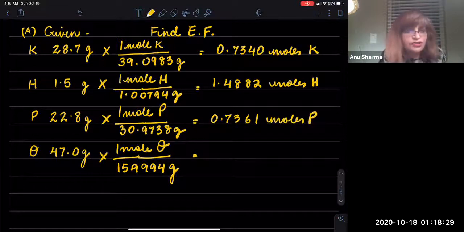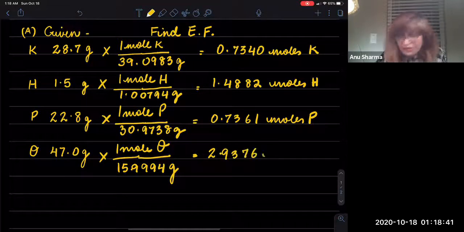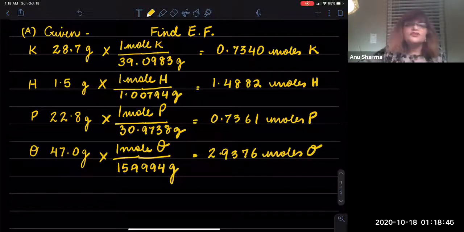Next is for the oxygen. Similarly, 47.0 times 1 divided by 15.9994 grams, and that gives you 2.9376 moles of oxygen.